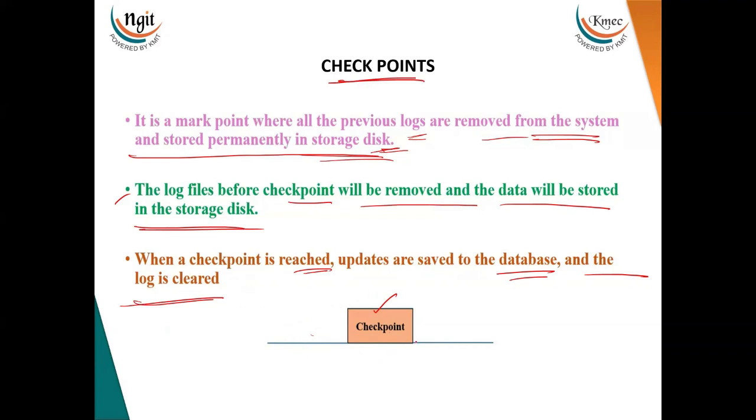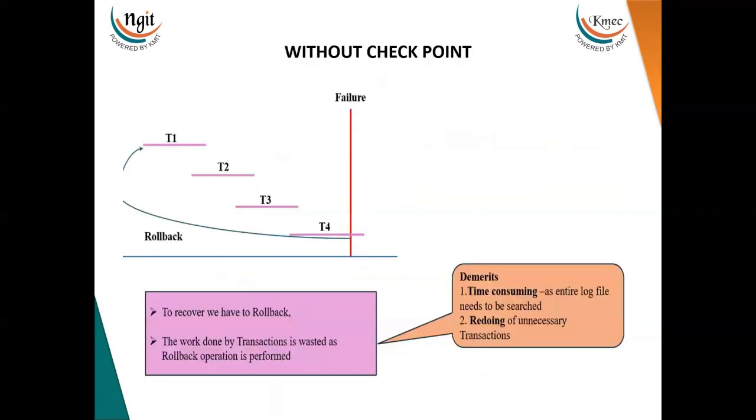Now, after the checkpoint, if any failure occurs in any transaction, it is not required for the database system to roll back all the operations. It is enough that the database system rolls back the operations made by the transactions up to this point, which is called the checkpoint. Now let us understand in more detail by taking an example.